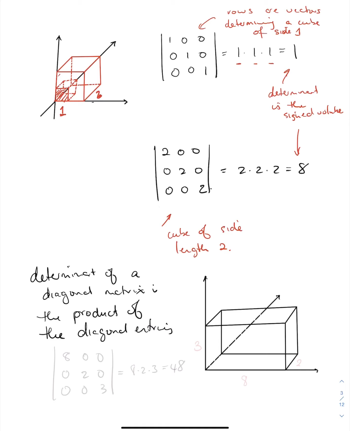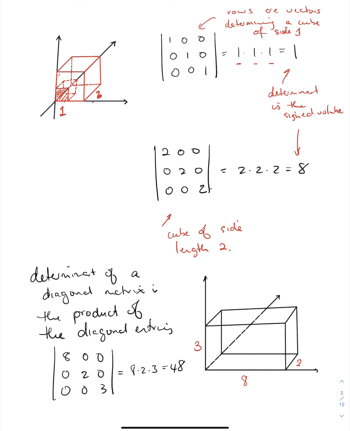So for example, 8, 0, 0, 0, 2, 0, 0, 0, 3. This is going to be 8 by 2 by 3, which is 48. We can instead think of this as simply the volume of an 8 by 2 by 3 box.